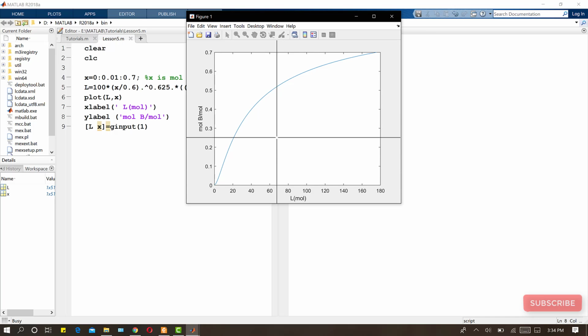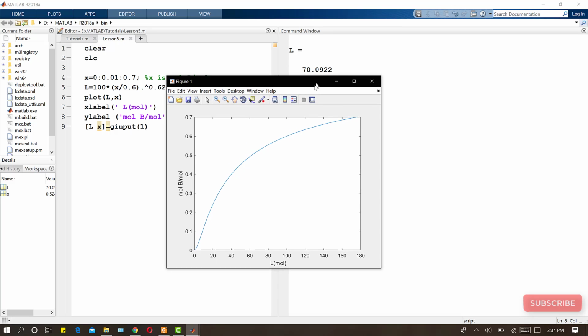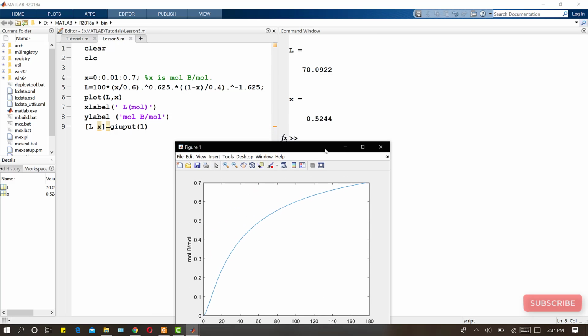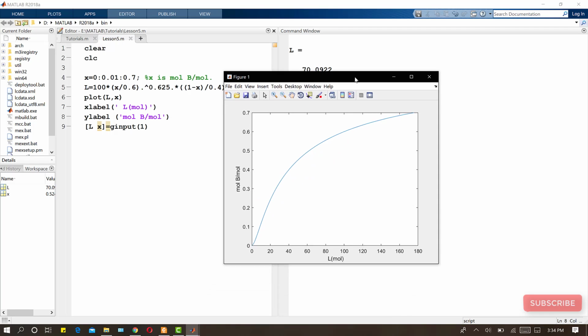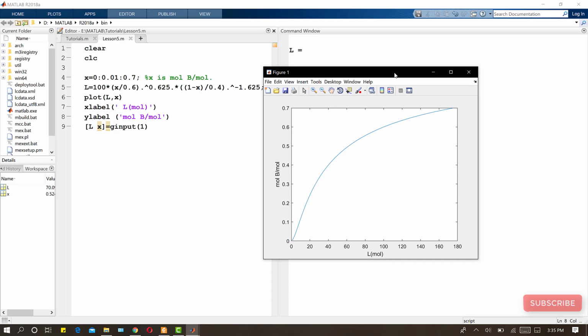If I click here, we see that when L is 70 point something, X is 0.5244. Now let's modify this script file again. The range of 0.7 for X is now very large. So now let me change that range.